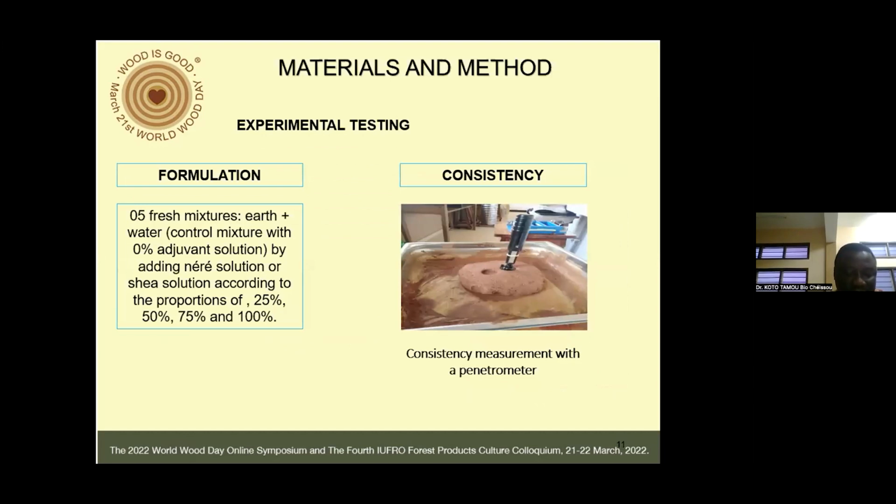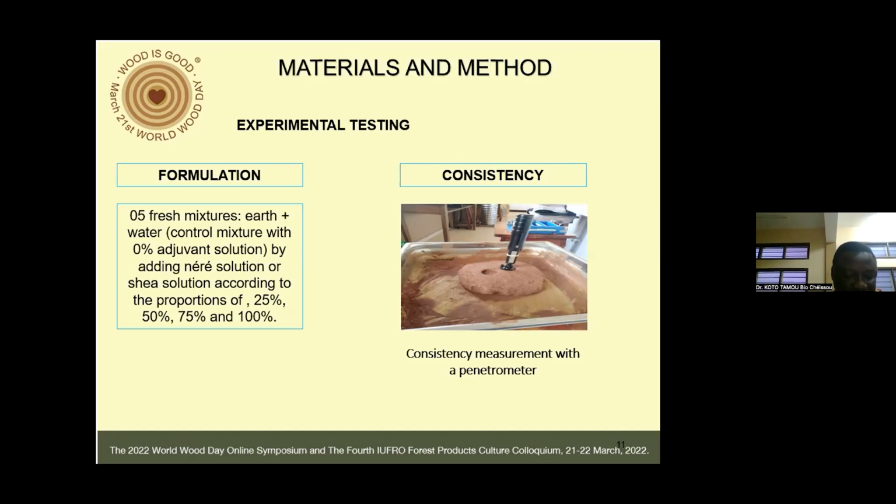The formulation of a geomaterial consisted in making five fresh IF plus water mixtures: a control mixture with 0% adjuvant, and we added Nere solution or Shea solution according to the proportions of 25%, 50%, 75%, and 100%.